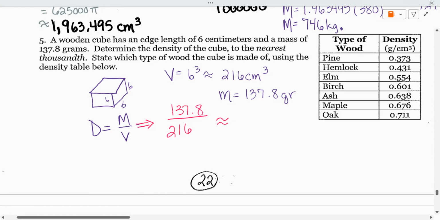So what do you get? .6379. So what type of tree or wood did they use? We used ash. Okay. Freeze that. I'm going to stop that.